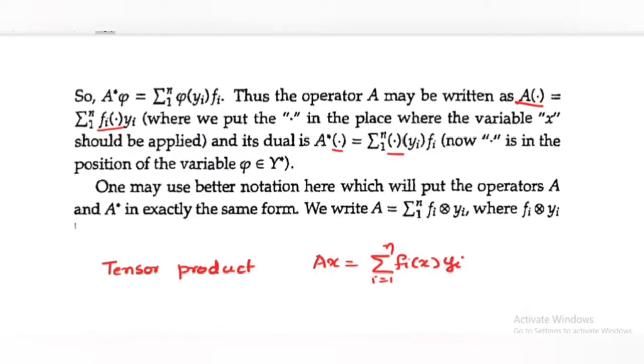Here actually this is multiplication and circle. I will check and tell you later what we call this notation. This is tensor product. So we can use similar notation for A star also.